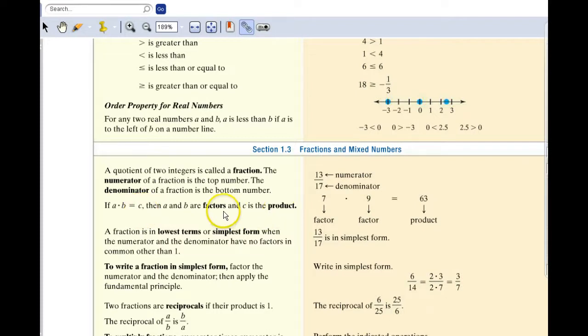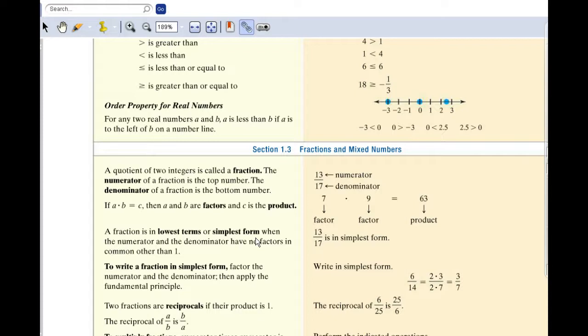So factors imply that you're probably going to multiply, and product is the result. All right, we talk about the lowest terms or simplest forms. That is, there are no factors other than the number and 1 in the numerator and denominator.